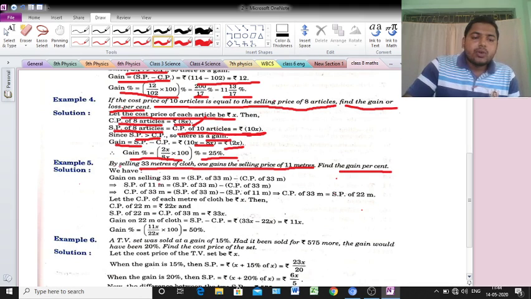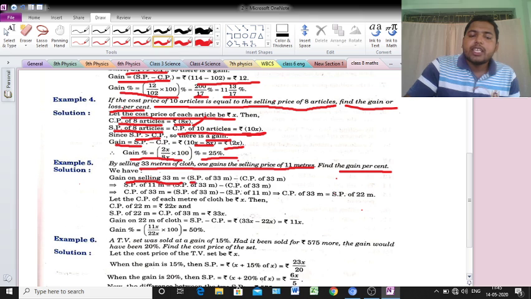So in the question it is written, by selling 33 meters of cloth one gains the selling price of 11 meters. Clear? Okay, now see, gain on selling 33 meters. So we can write gain on selling 33 meters equals, gain means profit, and the formula we know is SP minus CP.